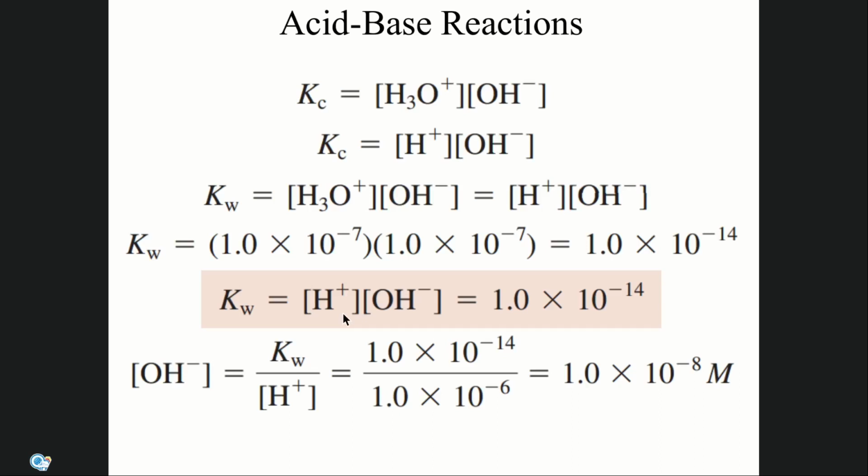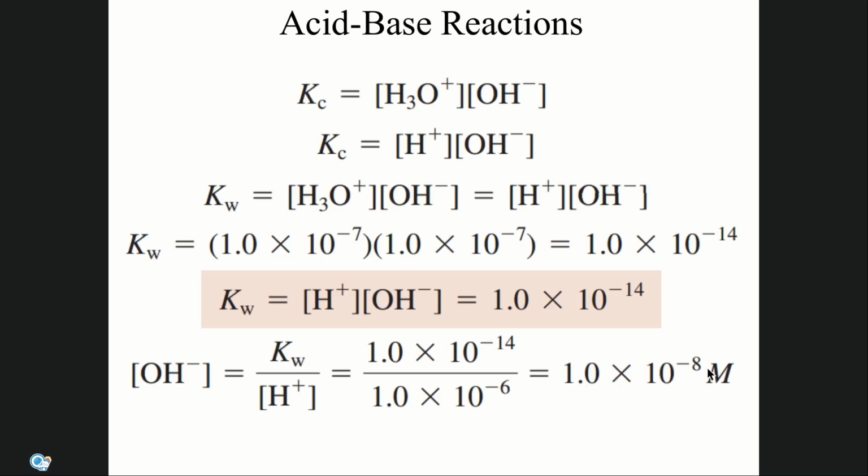If we adjust the solution so that, for example, the concentration of H plus is 1 multiplied by 10 to the power of -6, the concentration of OH minus ions we can calculate by using this equation, and it will be 1 multiplied by 10 to the power of -8 moles.